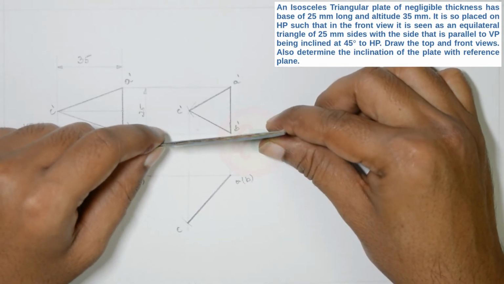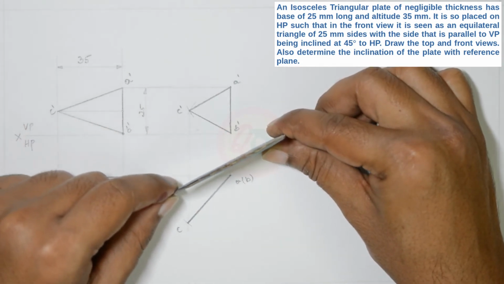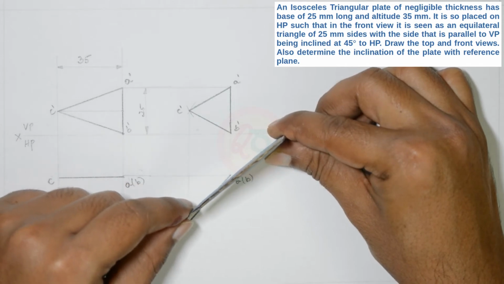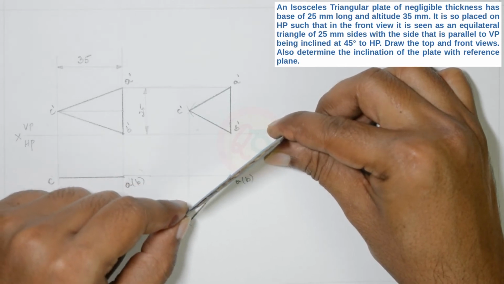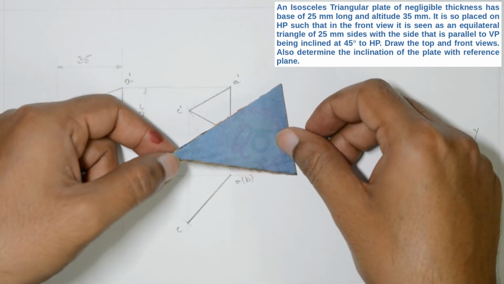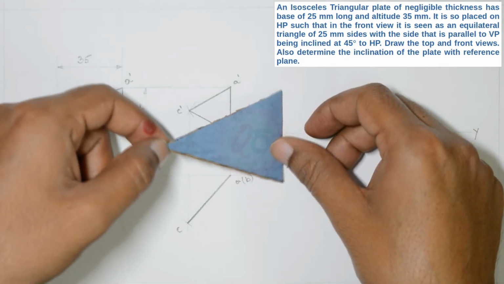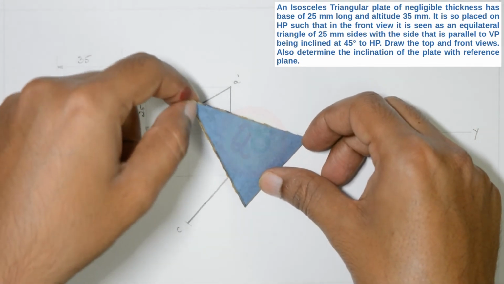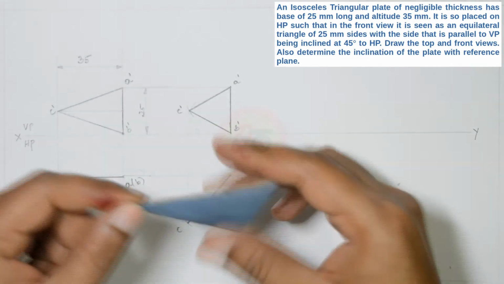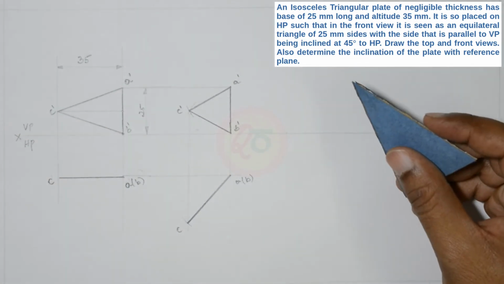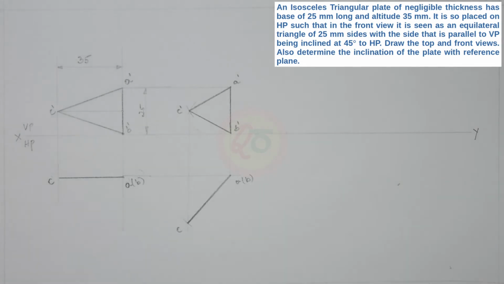Now this straight line, whenever I give an inclination, it is still the same length, but there is an inclination. But in the top view, it is getting changed to an equilateral triangle. Okay, and this should be a clear view. Somewhere I have posted the pic on the top left. You can observe that as well. Okay, so we have maintained the same length.